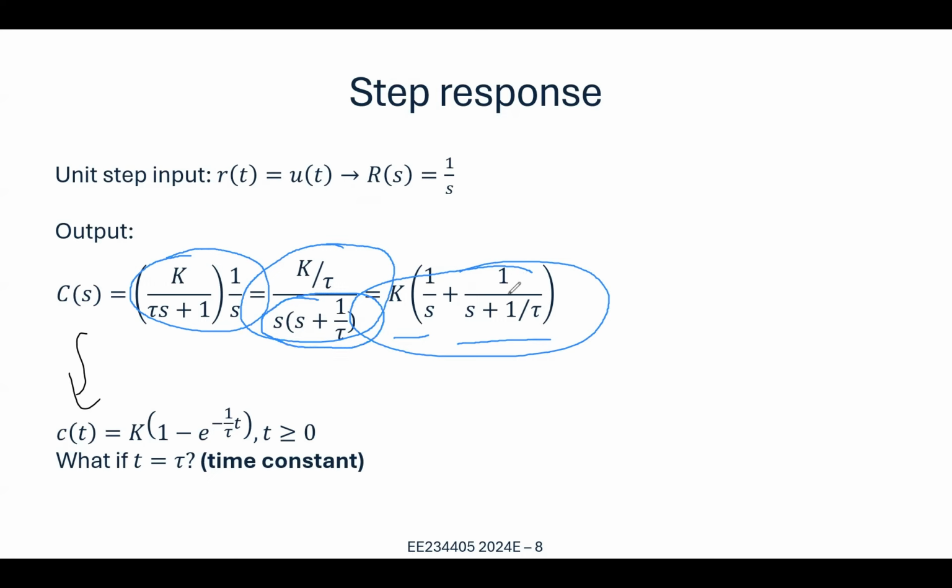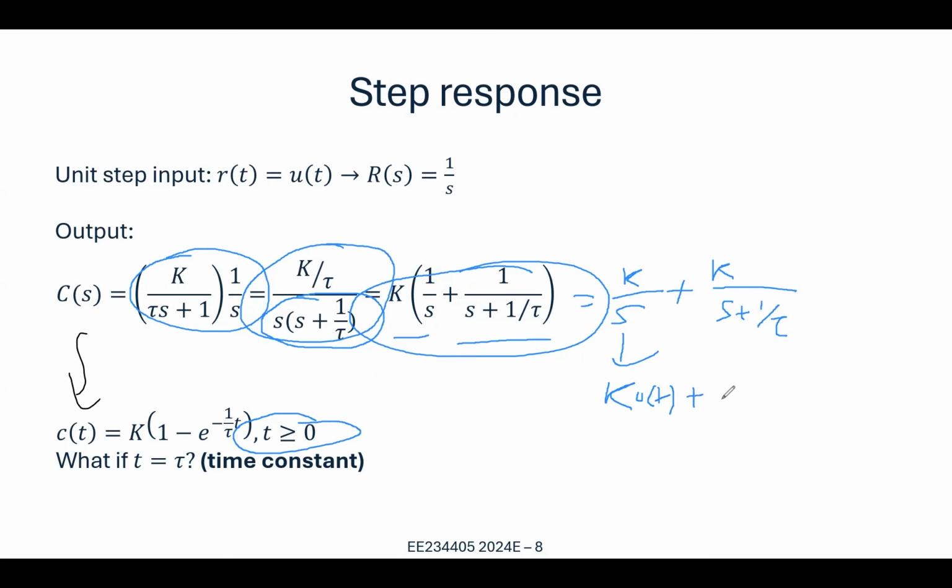And then this would be like k per s plus k per s plus 1 per tau. So if we perform the inverse Laplace transform here, assuming that we have the LTI system, it would be just k, or k u(t), right?